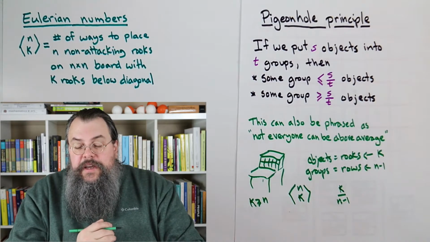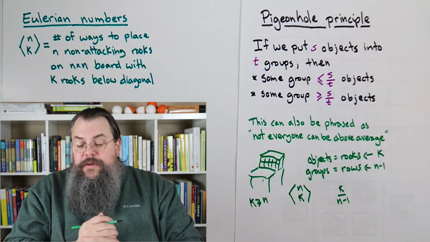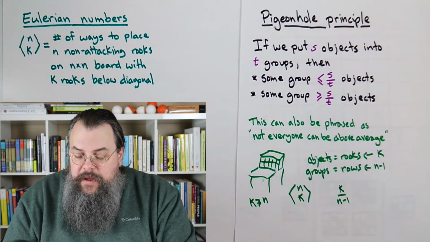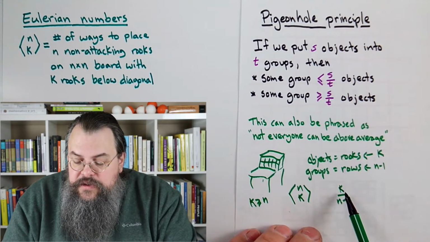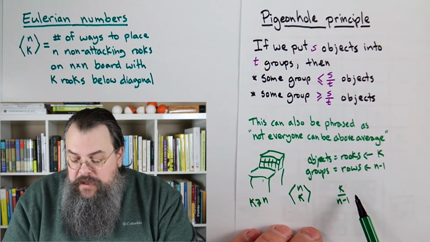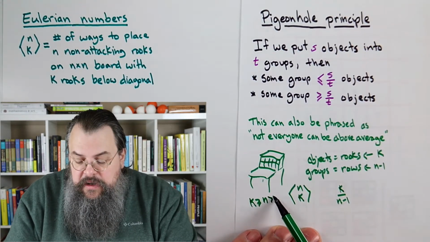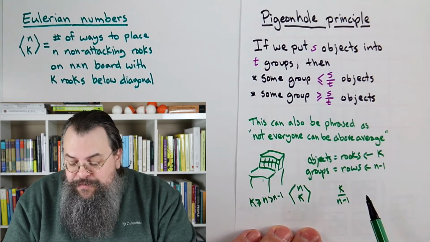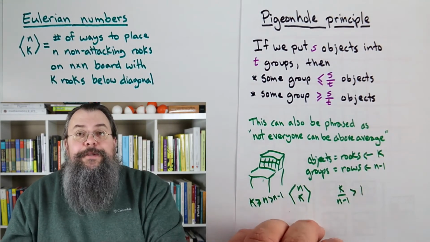Now, you're like, okay, great. How does that help us? Well, here, k is strictly bigger than n minus 1. Because k is greater than or equal to n, that's strictly bigger than n minus 1, which means that k over n minus 1 is strictly bigger than 1.